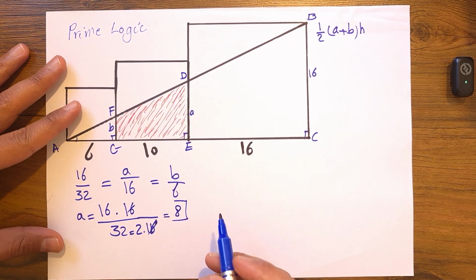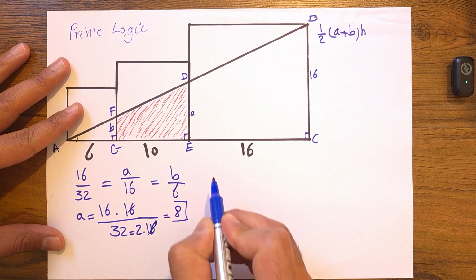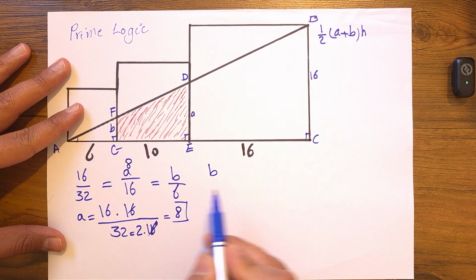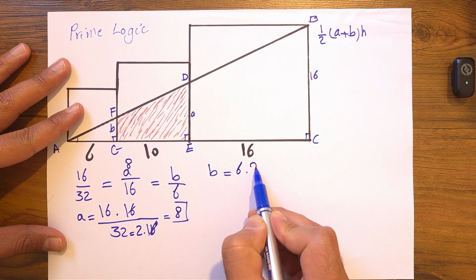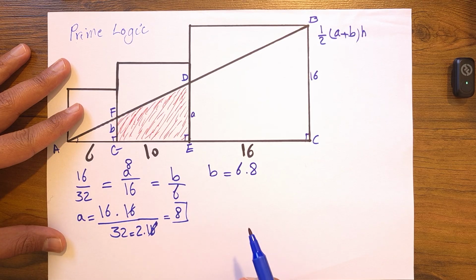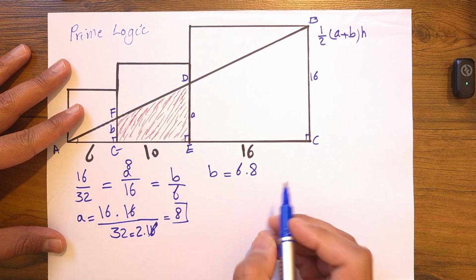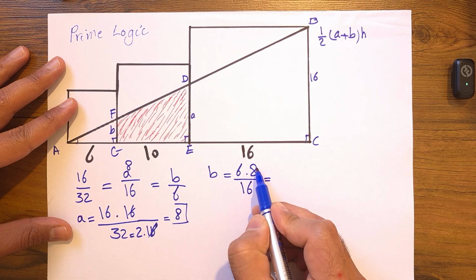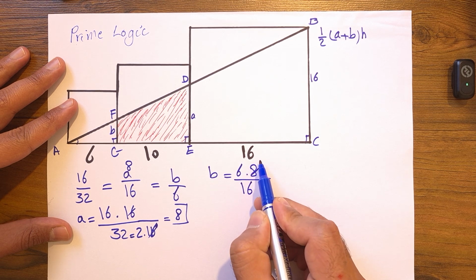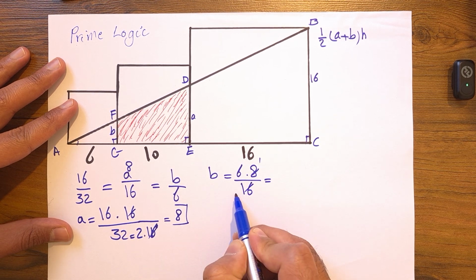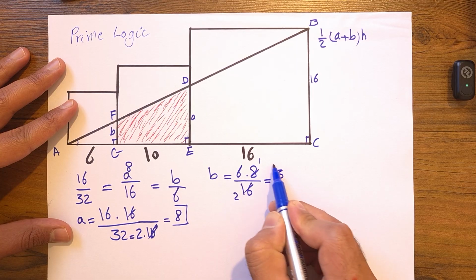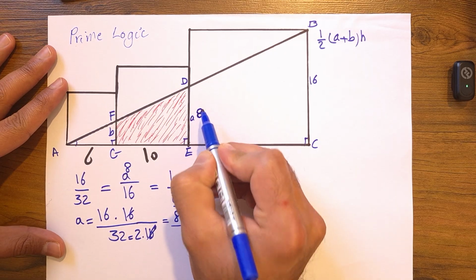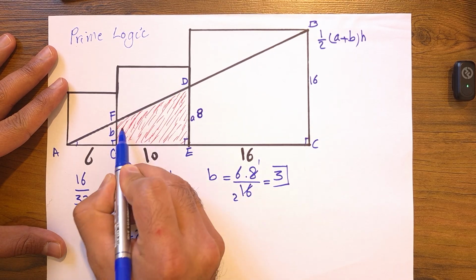Now let's solve for B. A is now 8, so B equals 6 times 8 over 16, or 6 times 16 over 32. We can simplify 8 over 16 to 1 over 2, so 6 over 2 is 3. Let's put a box around it. We found A as 8 and B as 3.